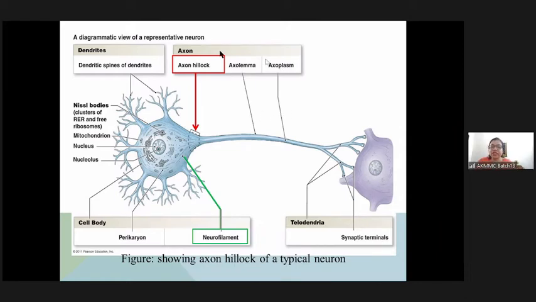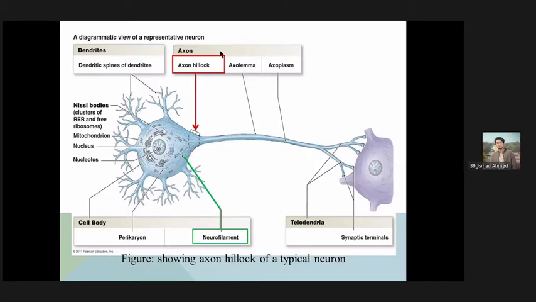Axoplasmic flow. What is the meaning of axoplasm? Can anyone tell me? Cytoplasm. Where can we find cytoplasm? Inside the cell body. Okay, what is the name of the membrane of the cell body?